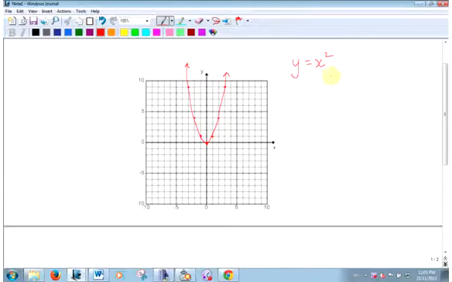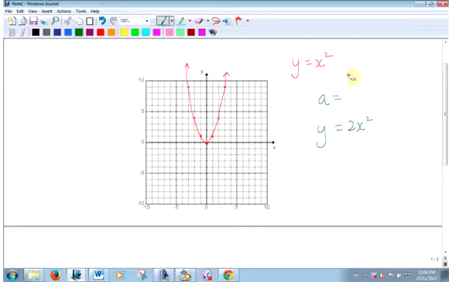So if I say A is 2, first of all, is that fatter or skinnier? What do I call that, compression or expansion? Expansion. Think of it this way: y is 2x squared.